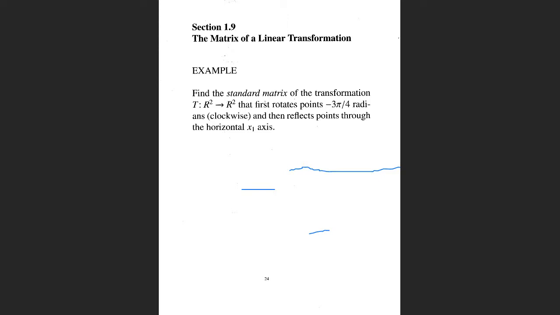Okay, good, Samantha. Good, Eleanor. -135 degrees. All right. So pi is 180 degrees. So -3 times 180 degrees is -540 degrees, and you divide that by 4, and you'll get -135 degrees.